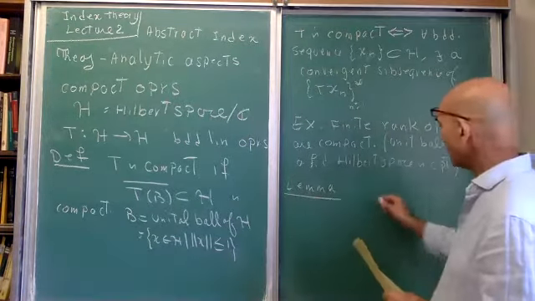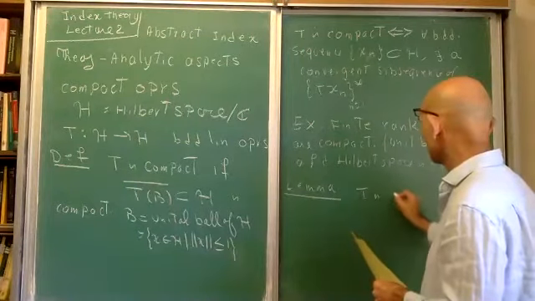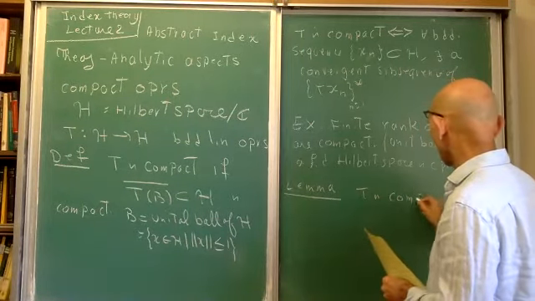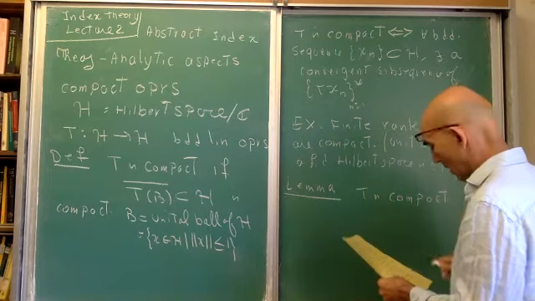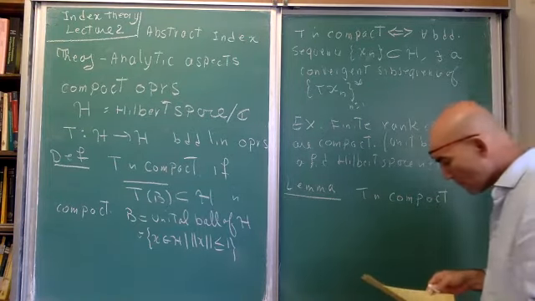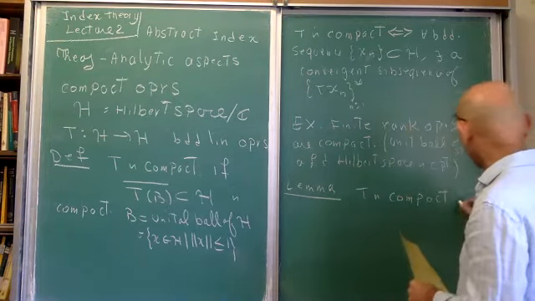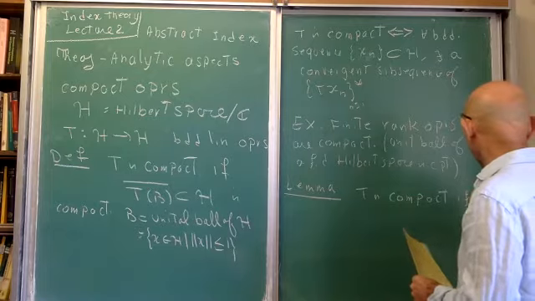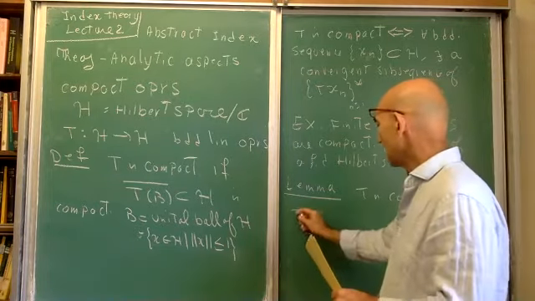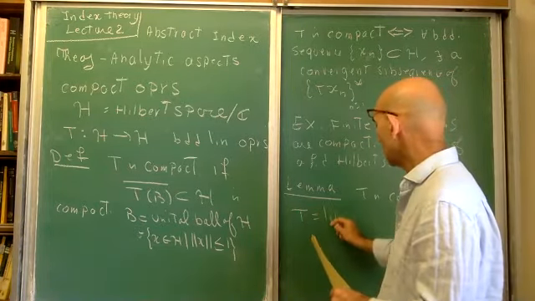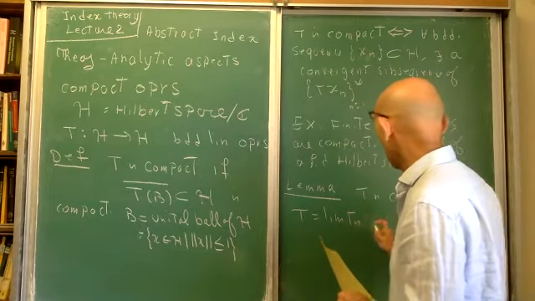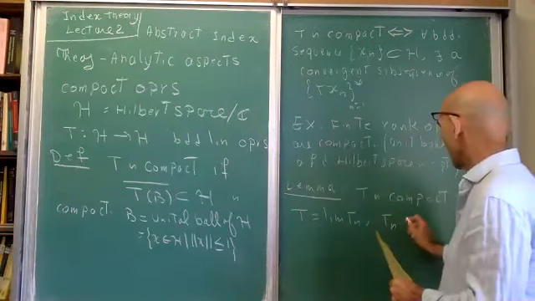T is compact if and only if T is equal to the limit of Tn, where the Tn's are finite rank.